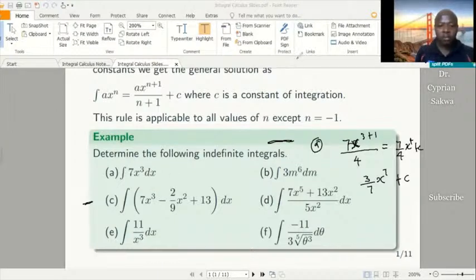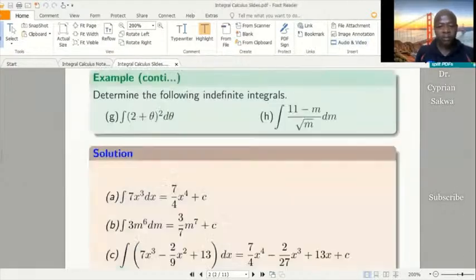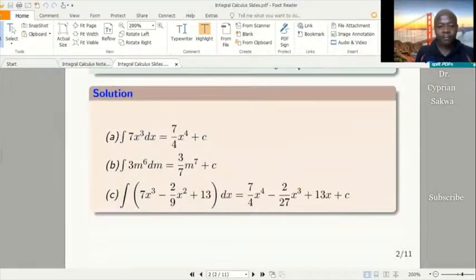So let me show you my workings that I did for this one earlier. For the first one, you just add 1 to the power, you get 4, and you divide by that 4. Then add a constant of integration. The second one, the same thing: add 1 to the power, get 7, and then divide by 7, and then add the constant of integration. The third one is also that way.